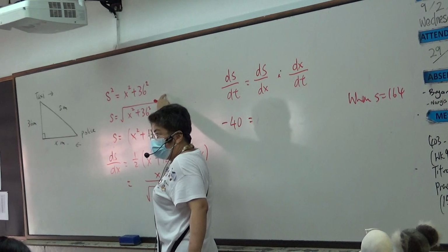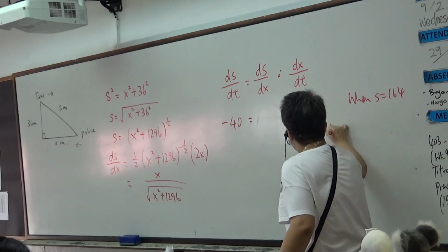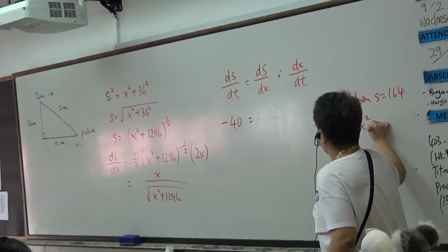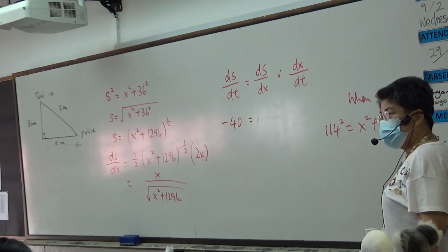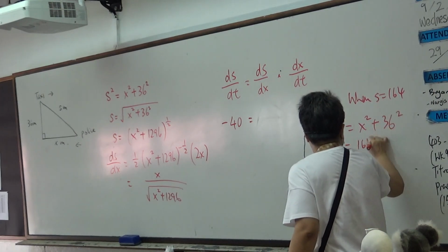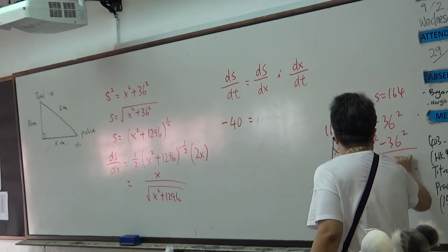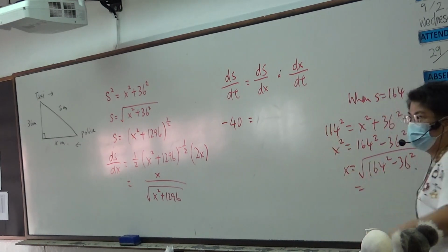Can you see Pythagoras theorem here? Okay, so 164 squared must be x squared plus 36 squared. Agree, class? So x squared will be 164 squared minus 36 squared. x will be this, right? Key in the calculator, what's this?